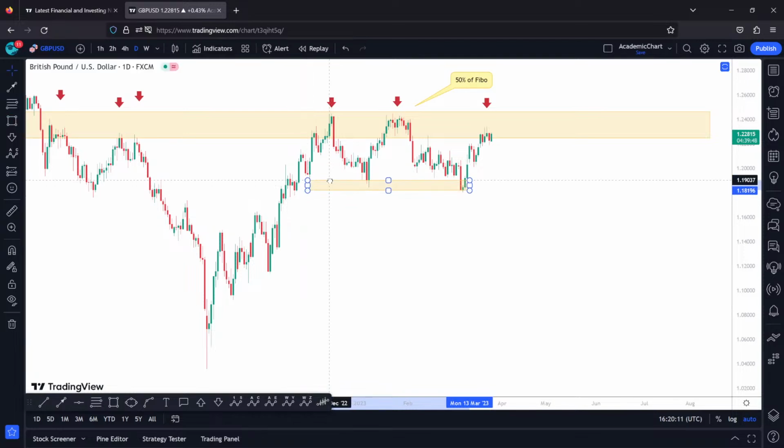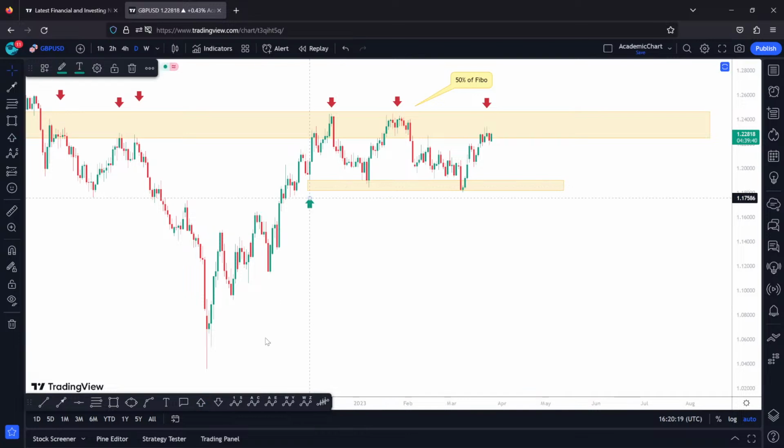I can see a supply zone or support zone here. I can add more arrows here. Actually, this is going to be our support zone.